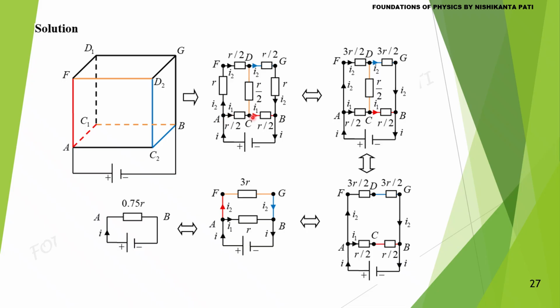So I1 flowing, I2 flowing from A to F, I2 flowing from F to D. There are two resistors in parallel, so through each resistor current will be I2 by 2. F to D, it is I2 by 2, it is I2 by 2.